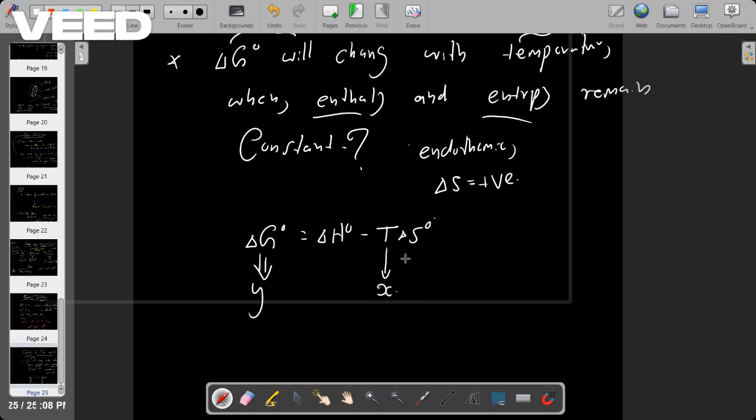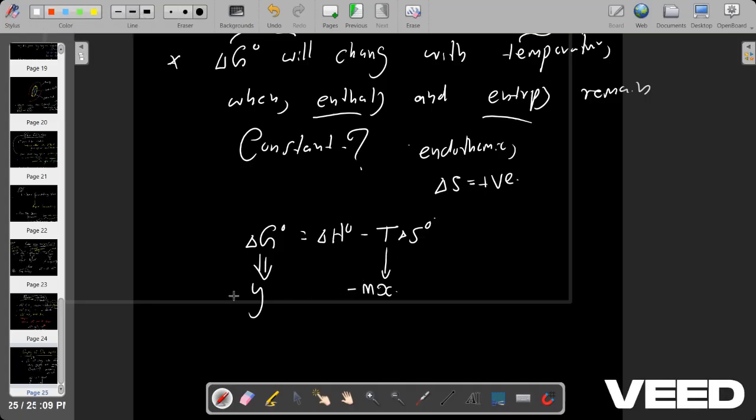It is endothermic, so delta H is positive, the constant c, and minus mx.